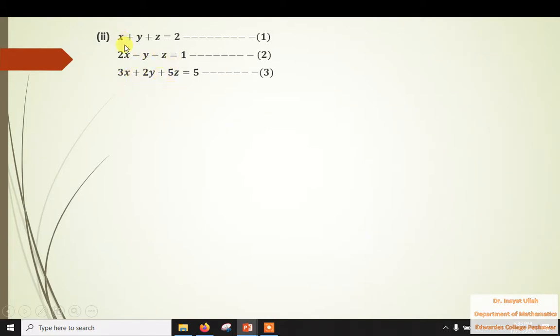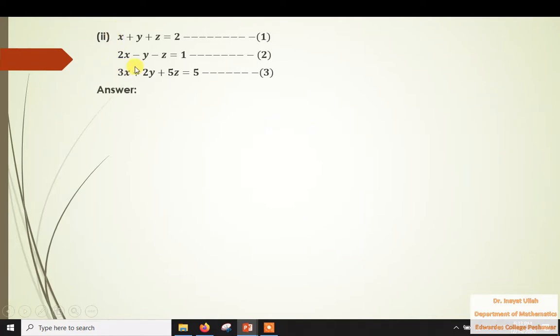So eliminate x, then y, z will be obtained. How could we eliminate x? If we multiply equation 1 by 2 and subtract it from equation 2, x will be eliminated. And similarly, if we multiply equation 1 by 3 and subtract these two, x will be eliminated.